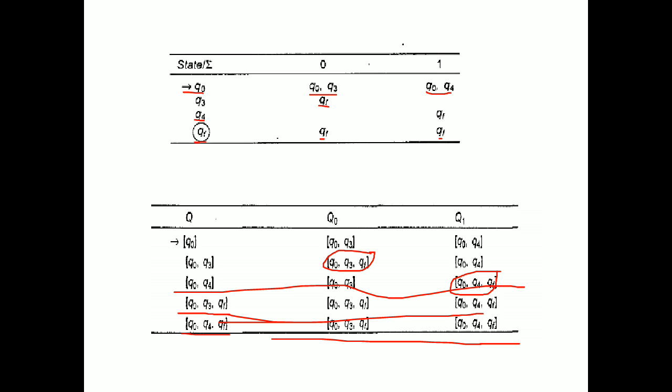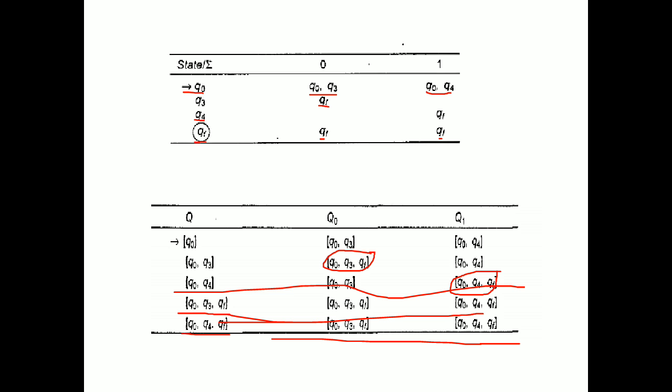In this transition table, we are getting new states, that is Q0Q3 and Q0Q4. So let us add those states to the transition table. Under the column of Q0, we have to combine the states under 0 and 1. So for Q0Q3, for 0 input we get Q0Q3QF, and for 1 input we get Q0Q4.